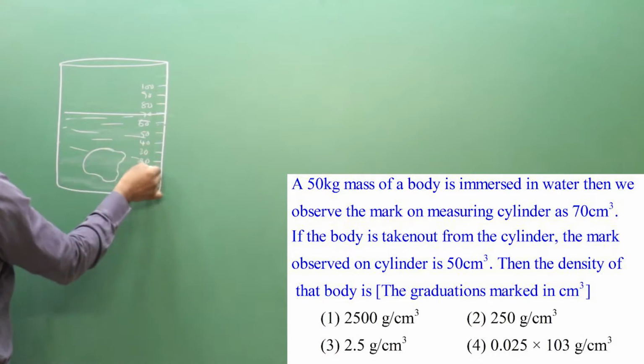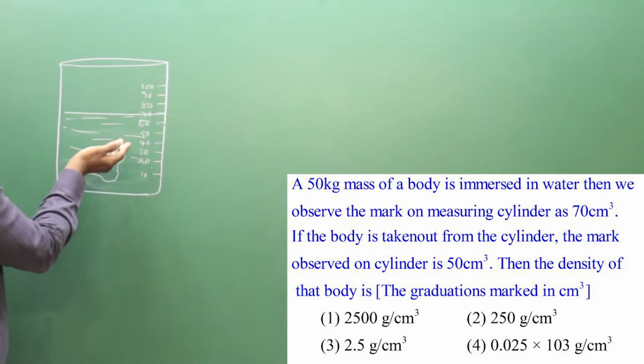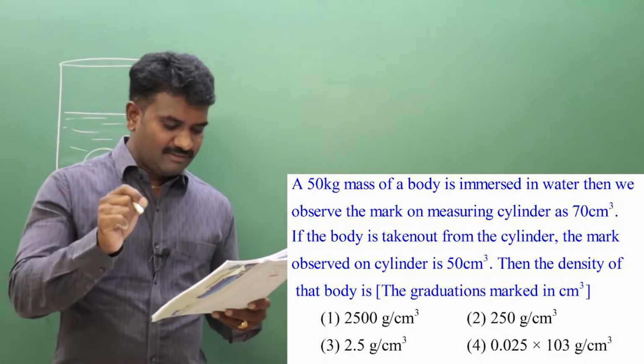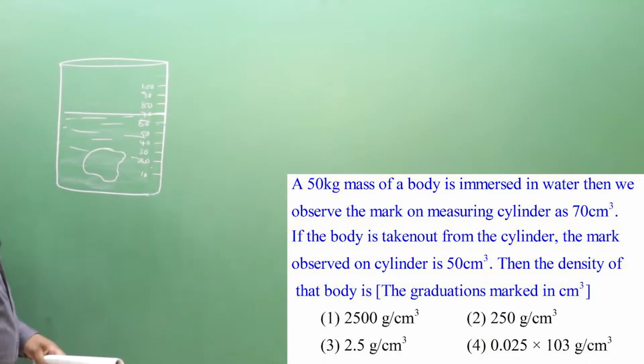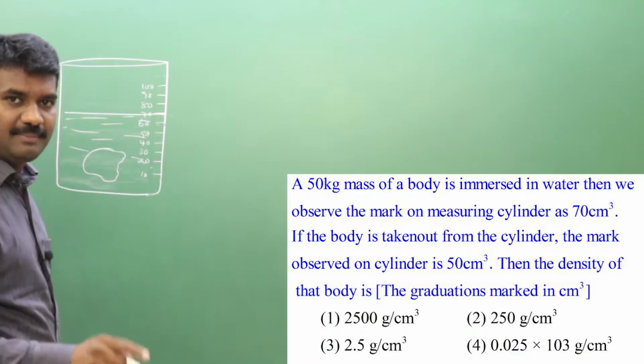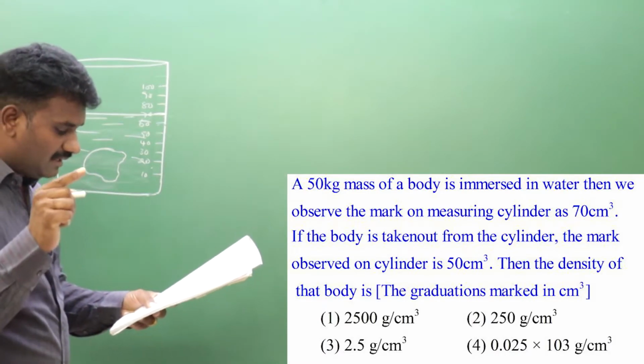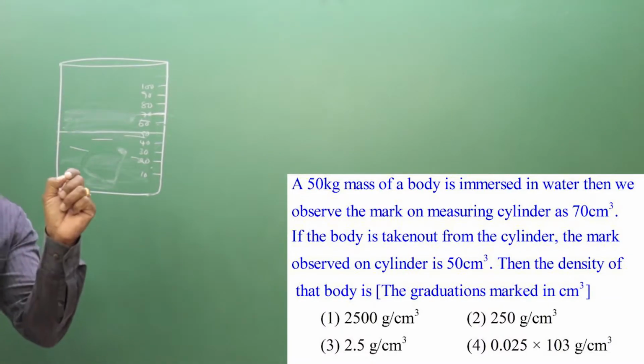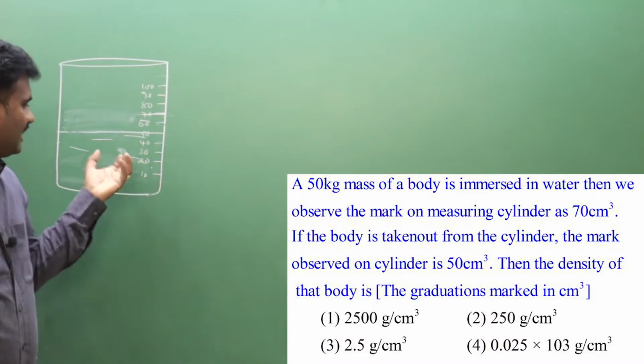So when the stone is dipped inside this, the water rises and reaches up to the 70 centimeter cube mark. When the stone is taken out of the cylinder, then what happened?